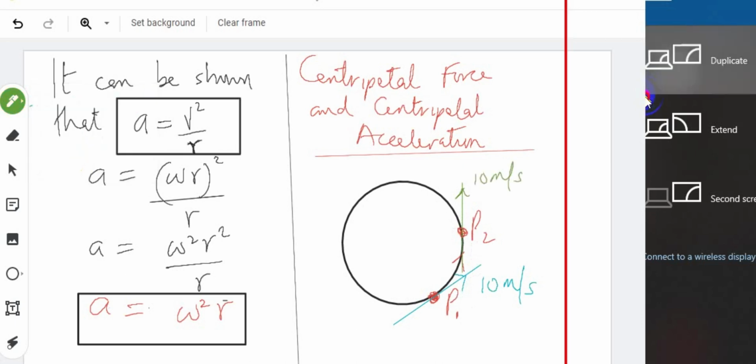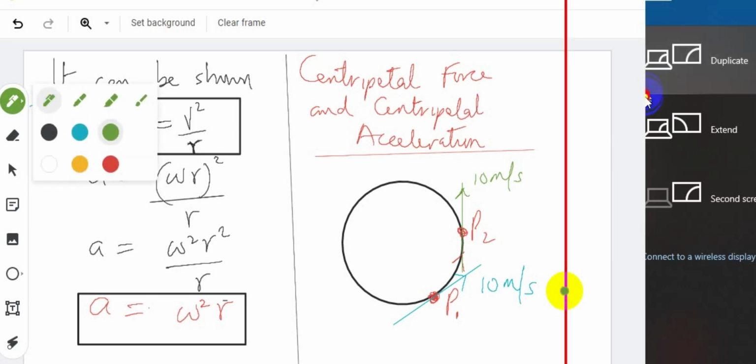But you can see that the direction is changing every time. So even though the speed is constant, the velocity is not constant. So we can conclude that an object that moves in a circular path has a constant speed but a constantly changing velocity because of the change in direction.